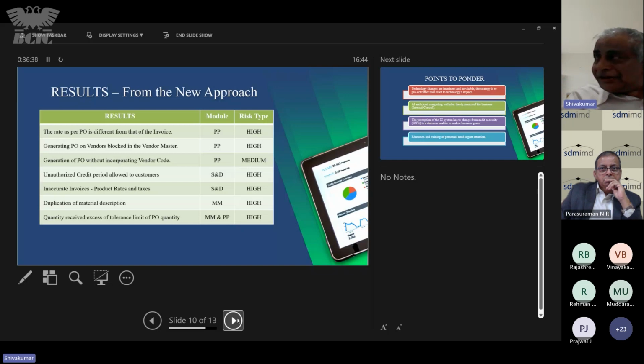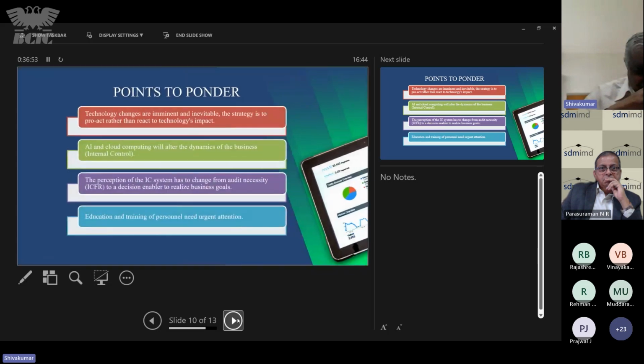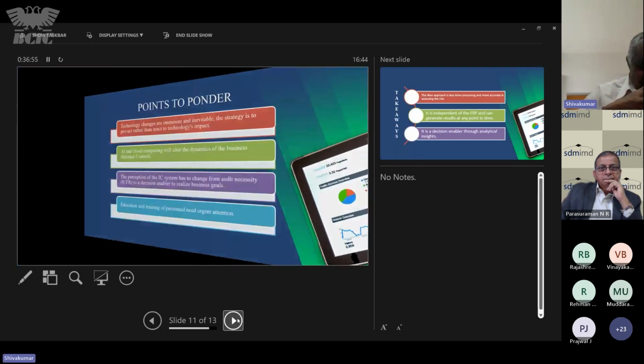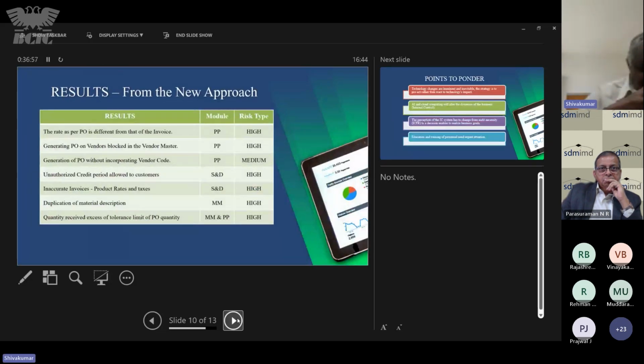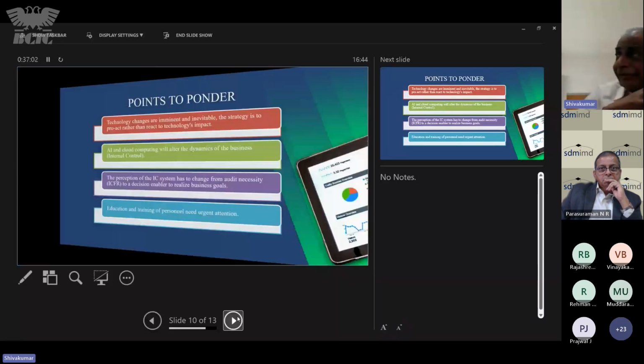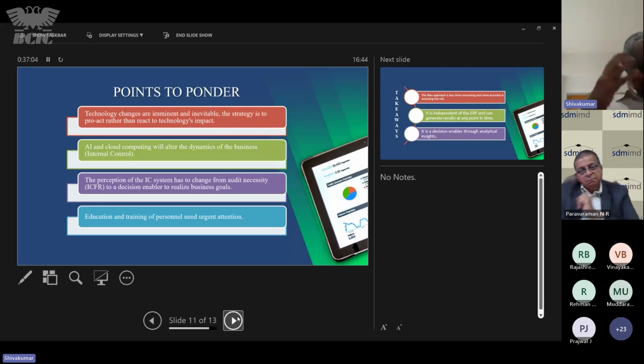All this we were able to generate in the system using the exceptional parameters which we have incorporated into the system. So what I am trying to say is, when we have a new approach, an approach which is different from the existing system, and try to put it in the way we want, we will get astounding results which can be helpful in achieving the objectives.